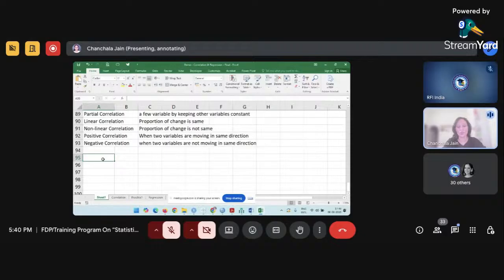When you are talking about correlation, you need to understand which type of variables you are having. So firstly, there is Karl Pearson's coefficient of correlation. And the second one is known as Spearman's.